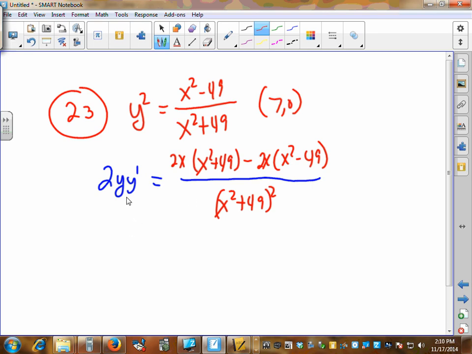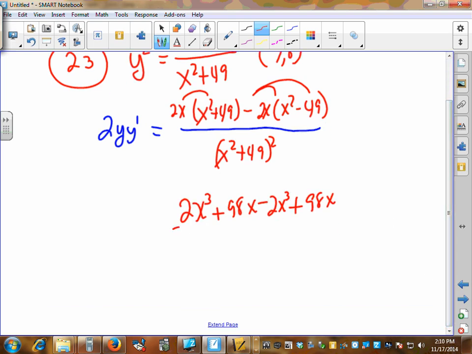And at this point, all we need to do is to go ahead and do some combining. So that'll be 2x to the third plus 98x minus 2x to the third plus another 98x over x squared plus 49 squared.